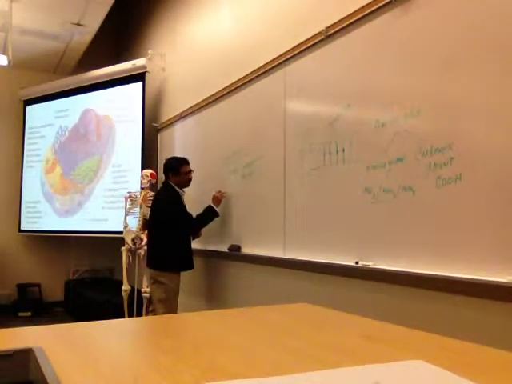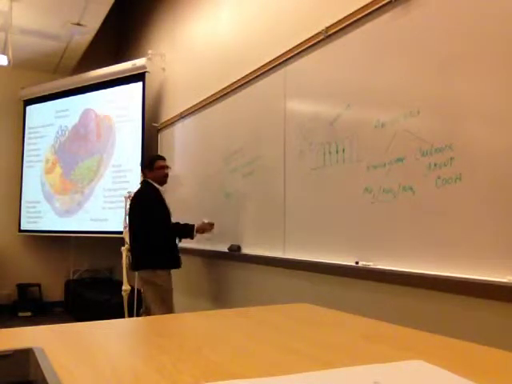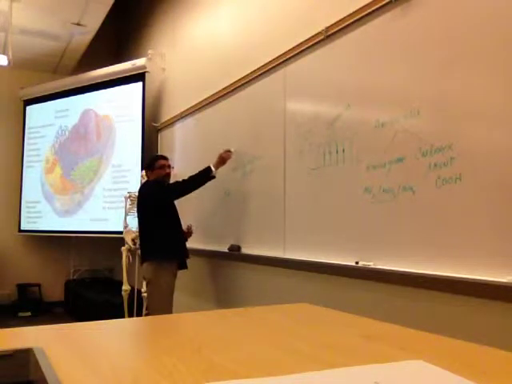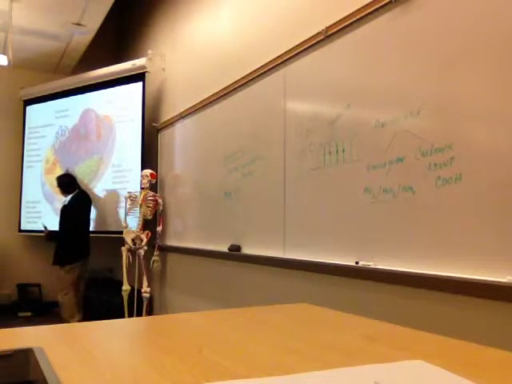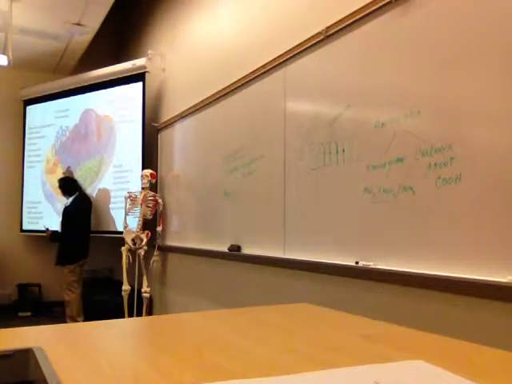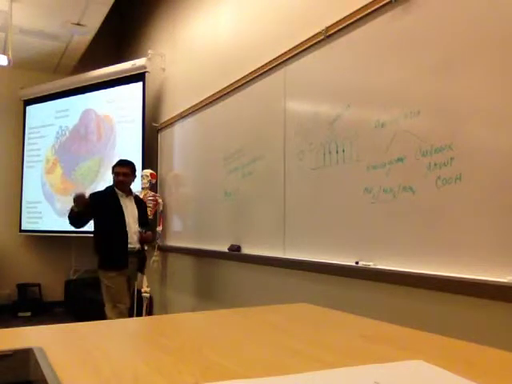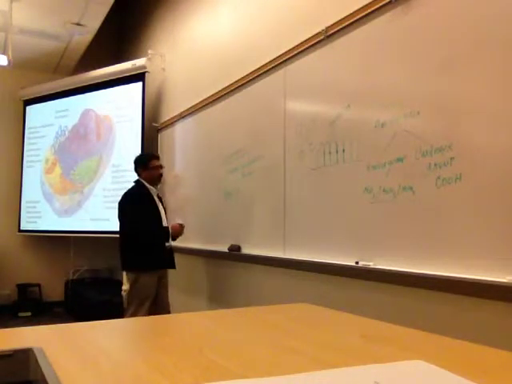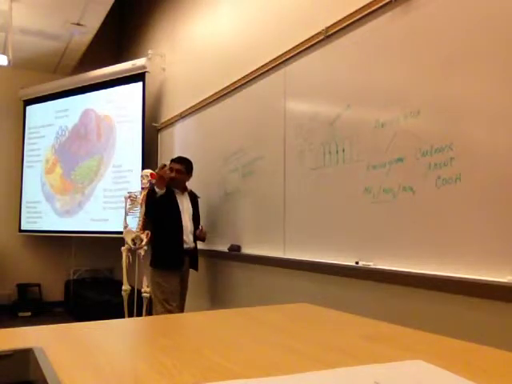Rough endoplasmic reticulum receives the proteins from the ribosomes. So you see, that's why ribosomes are attached to the rough endoplasmic reticulum. The ribosomes will produce or manufacture the proteins and will send them to the inside of the endoplasmic reticulum. So rough endoplasmic reticulum will do what?